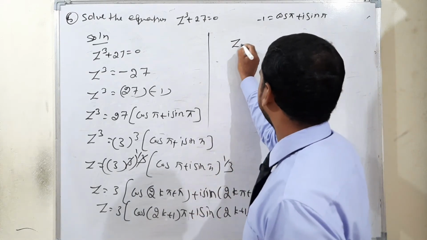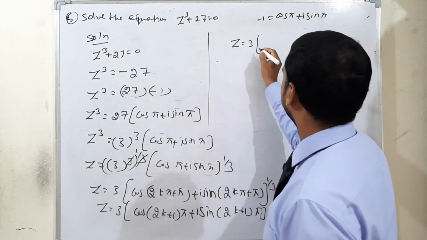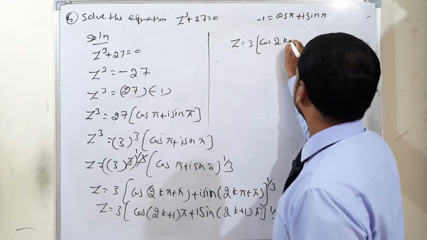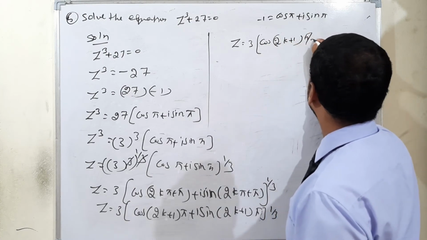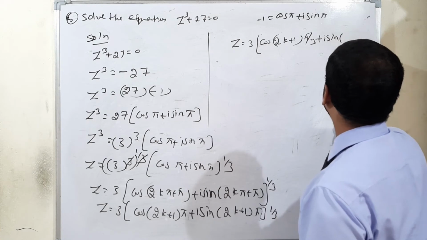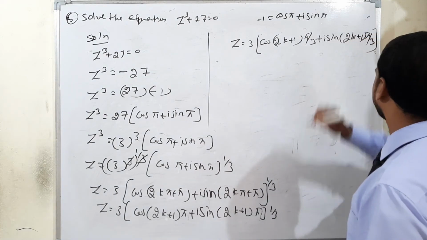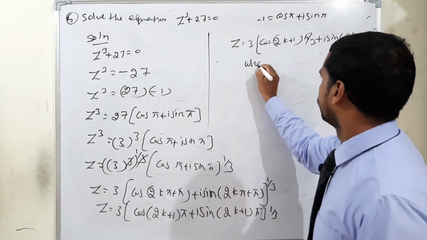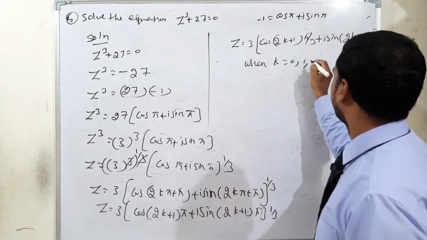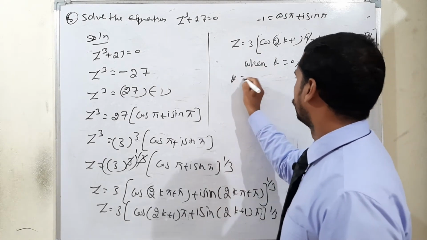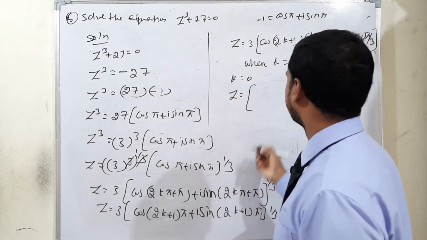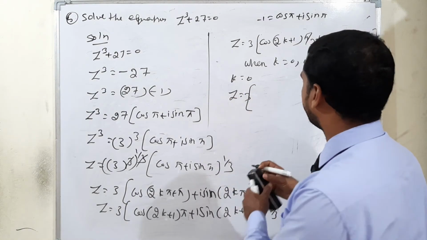So z = 3 (cos((2k+1)π/3) + i sin((2k+1)π/3)). So when k is equal to 0, 1 and 2. First one, k is equal to 0, z is equal to 3 common outside, isn't it?